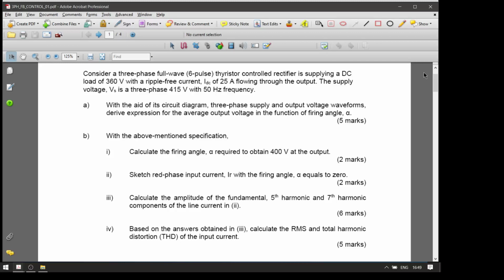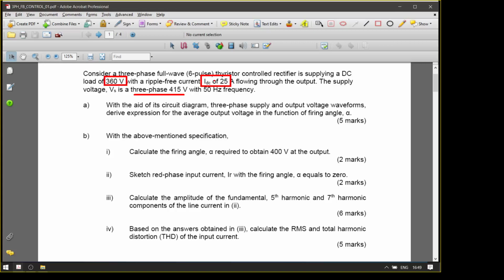When you look at the information given to you, the first one is the load voltage of 360 volt, then the IDC is already given, and then the supply voltage is 3-phase 415. Here it doesn't mention whether it's a phase voltage or line to line voltage, isn't it?